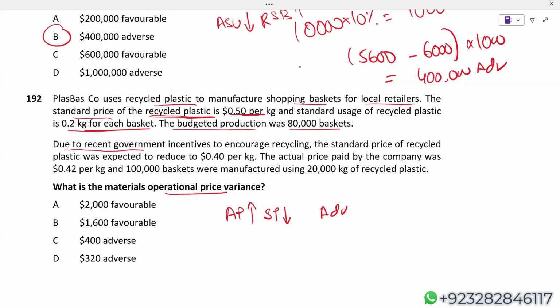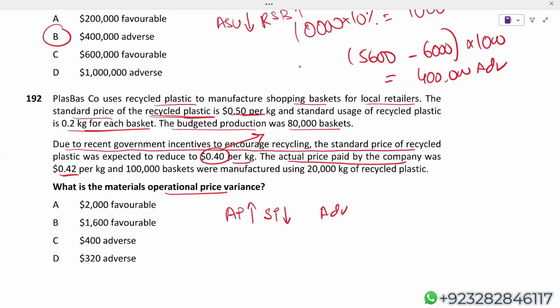Due to recent government incentives to encourage recycling, the standard price of recycled plastic was expected to reduce to 0.40. So now logically we'll be using 0.40 as the revised standard price per kg. The actual price paid by the company was 0.42. So you are paying more than the revised budget, and the variance will be adverse.